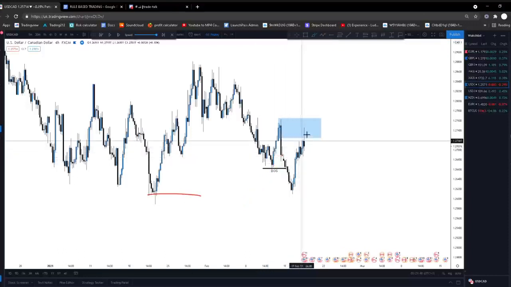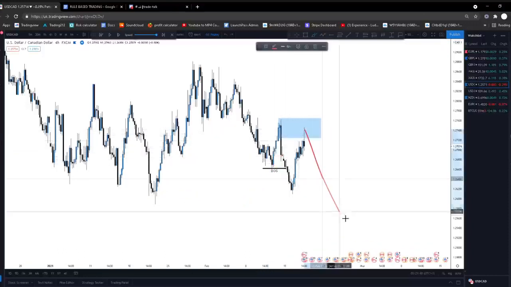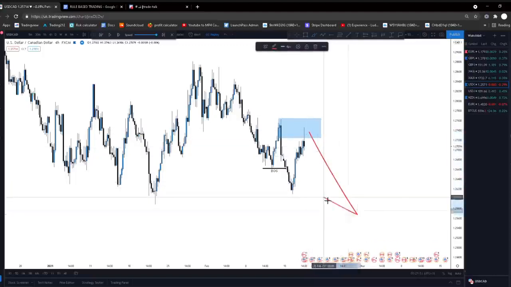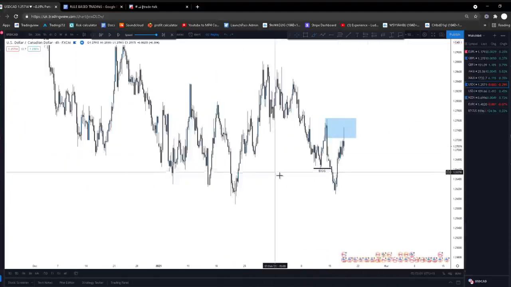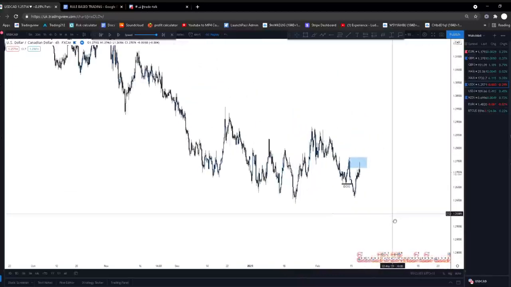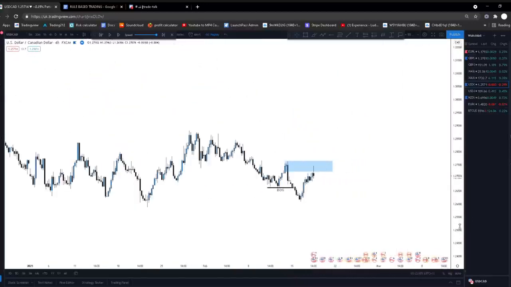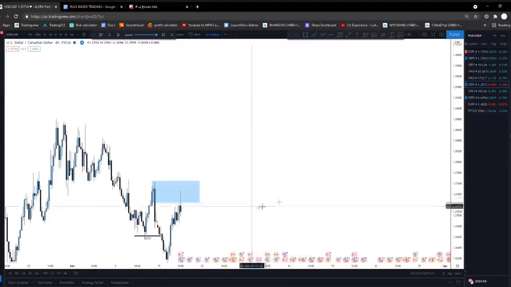You want to be looking at a trade like this that you can hold for the long term and take you all the way down to make even new lows, perhaps to break structure down here and break structure down here, right? So that's the reason why you always want to follow the higher time frame trend. The higher time frame trend in this case is bearish, therefore we are only looking for supply zones. So that's why we were looking for our supply zones.